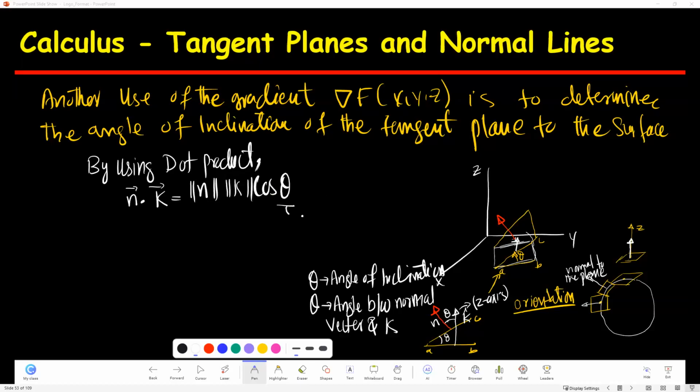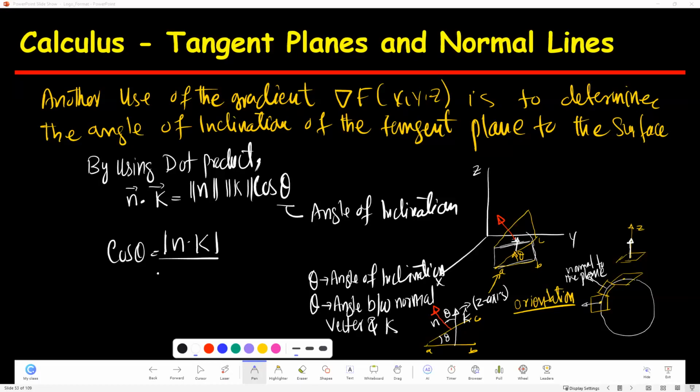And this theta is my angle of inclination. Okay. And how can I calculate it? I say cos theta equals n dot k divided by n magnitude and k magnitude. Since k magnitude is 1, I can also write this.